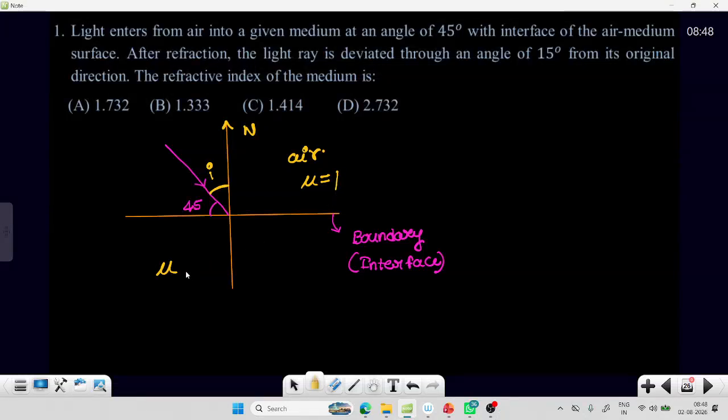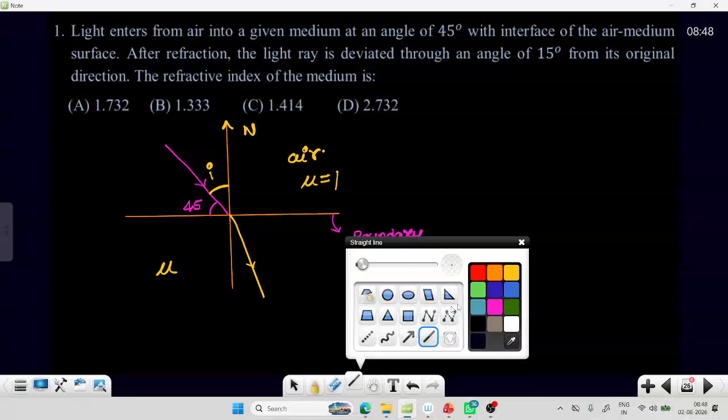The least value of refractive index is 1, which is only for air. Now in this case, the light is traveling from which medium to which medium? Rarer to denser. That means it will bend towards the normal, so the angle of refraction is 30 degrees. It will bend like this.